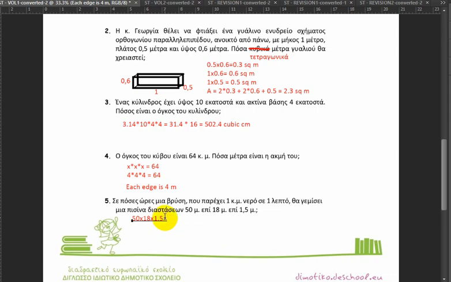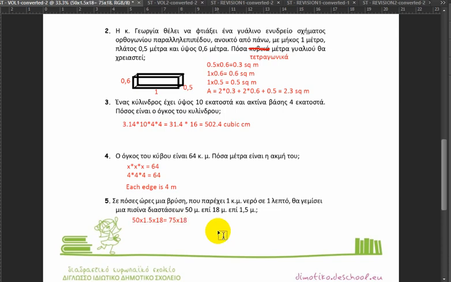This makes, well, 50 times 1.5, and because this is multiplication, I can switch these around if I want to, and I do. This multiplication makes 75 times 18.